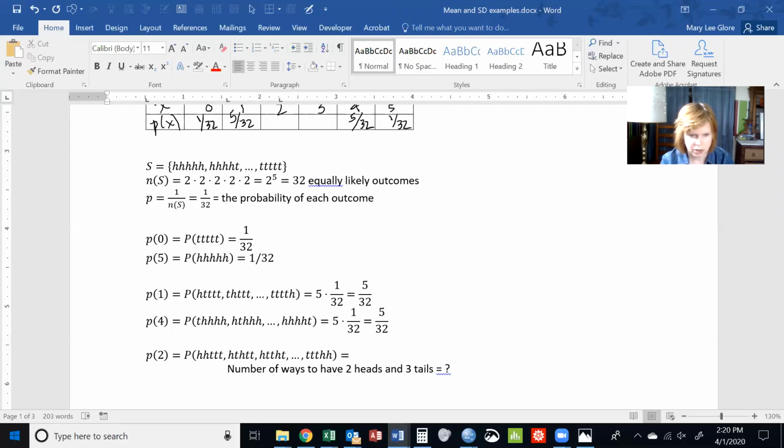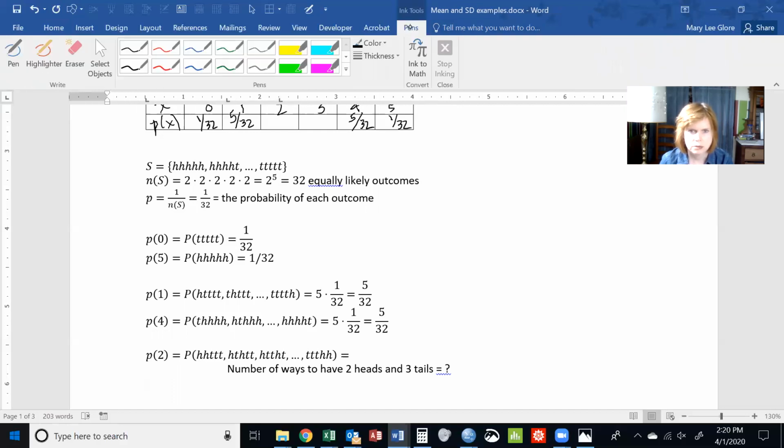Well, think about it this way. I've got 5 positions. Here's the first roll, the second roll, the third roll, the fourth roll, and the fifth roll. So this is roll 1, roll 2, roll 3, roll 4, and roll 5. All right.